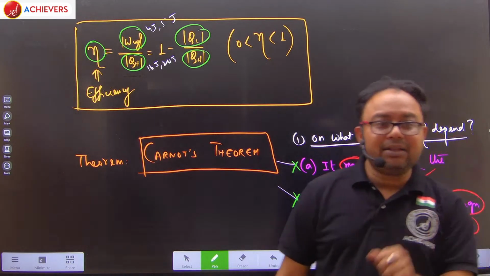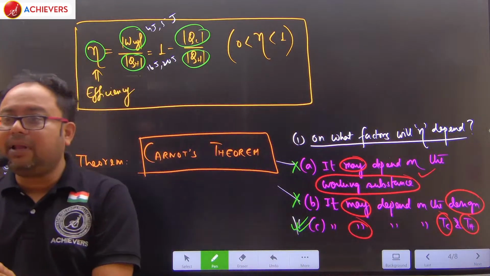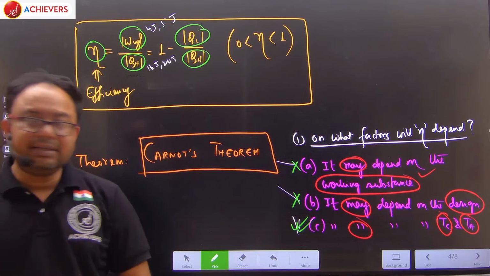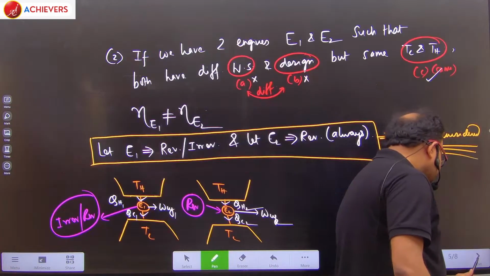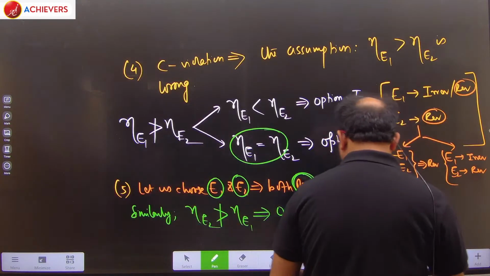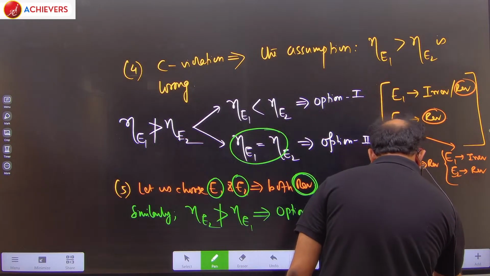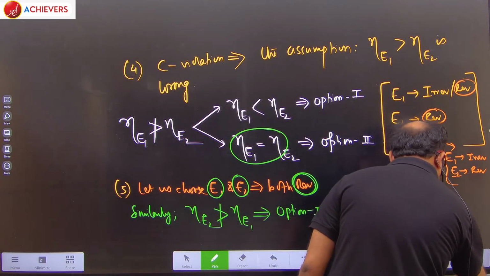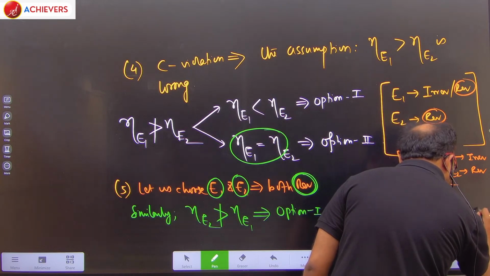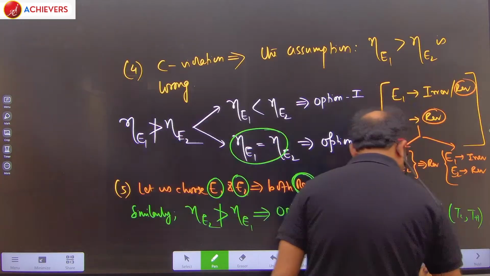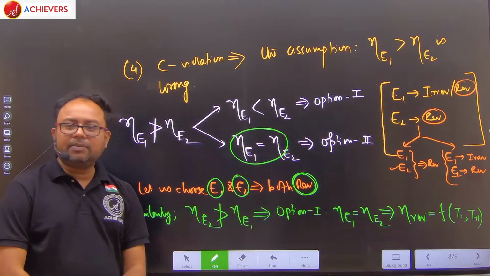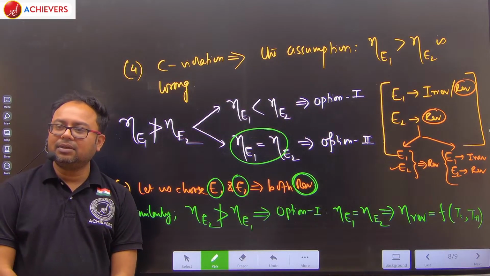So that means eta reversible only depends on TC and TH. Eta reversible is only a function of TC and TH.